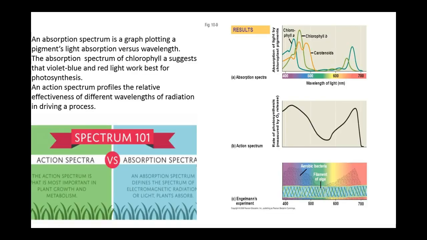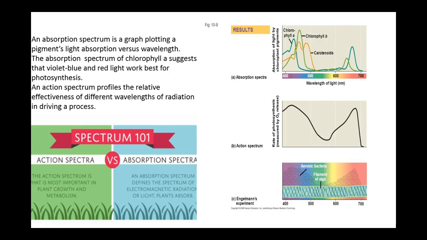Speaking of absorbing, you have the definition of the different ways to define this process, I guess we might say. The absorption spectrum is the portion of the wavelength of light that the pigment is using. So the absorption spectrum is a graph plotting the pigment's light absorption versus the wavelength.